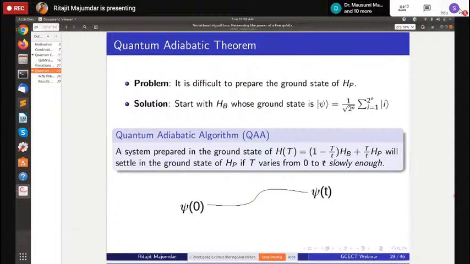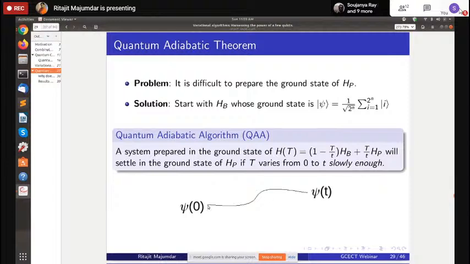And when capital T is equal to small t, this portion becomes 0 because it is 1 minus 1, and this portion becomes 1. And again, this is precisely what we said, that you start with HB and you want to end up at the ground state of HP. So what we stated here in words, it is just expressing it in mathematics. So that is not very difficult.